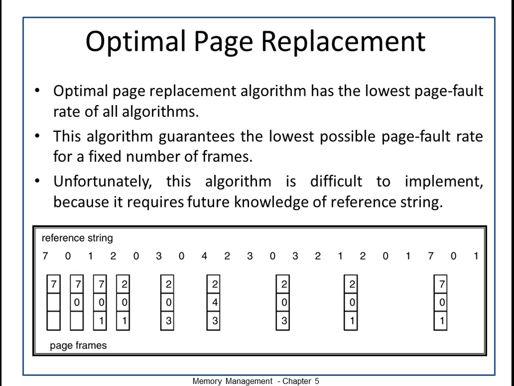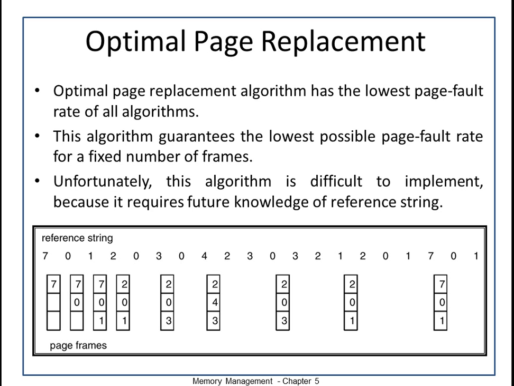Now from 0th page, 2 we will require here, and 3 which is immediately required after 0, and 4 there is no fourth frame in future, so we will replace it by 0. So we will put 0th page at 4th page location. Now 3 is there in main memory, 2 is there in main memory, so there is no page fault. Now the next page required is 1.